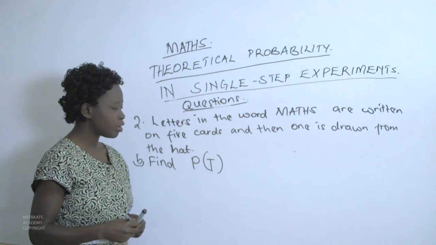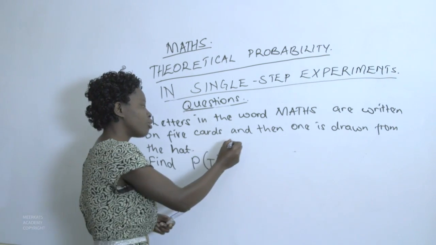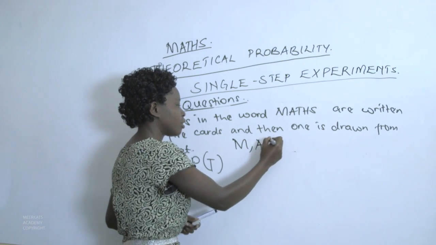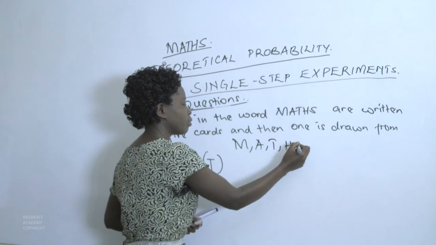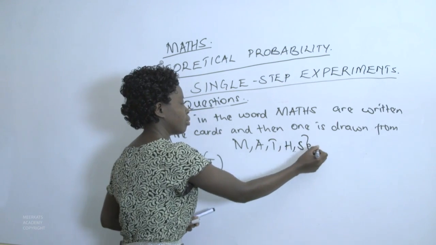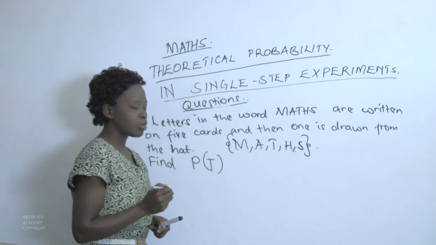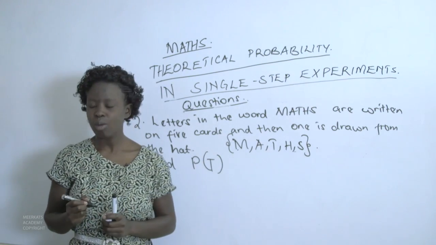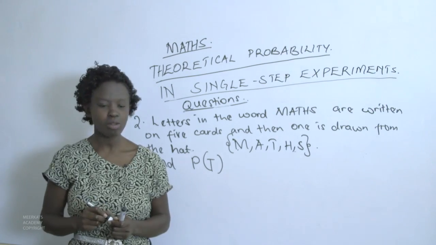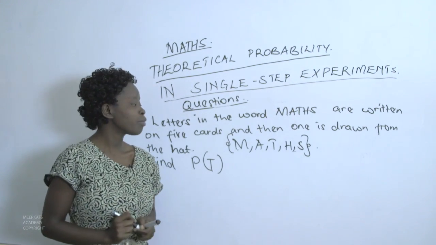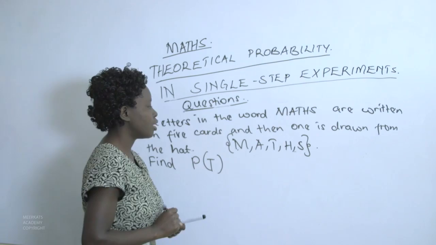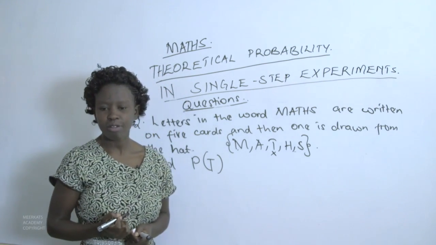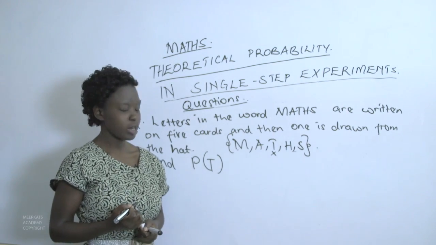We've already said that our sample space contains these letters. So we find out how many favorable outcomes we have for letter T in the word. In this word, we discover that we only have one favorable outcome for letter T.